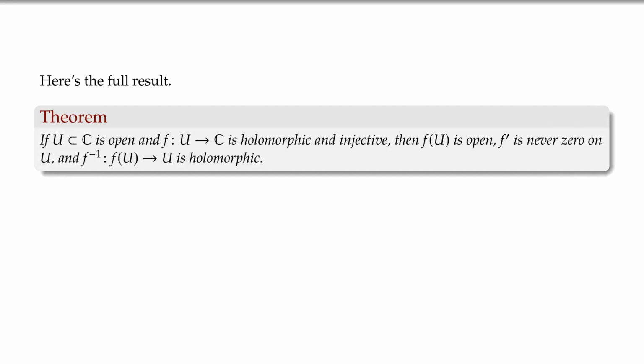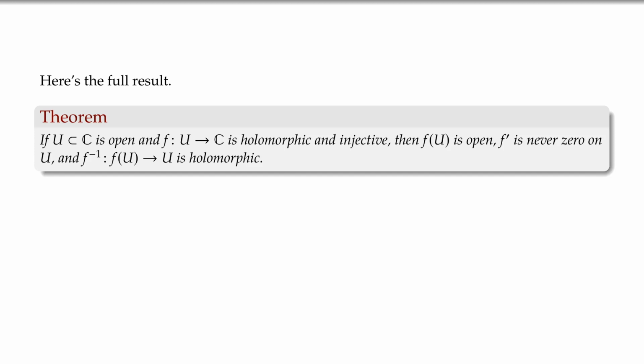If we have an open set U, and an injective holomorphic map F, then the image of U, F(U), is open, F prime is never zero on U, and the inverse mapping is holomorphic, right?